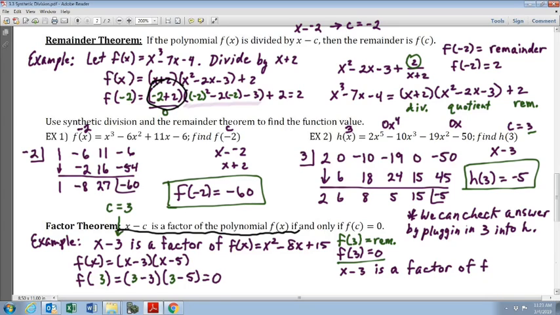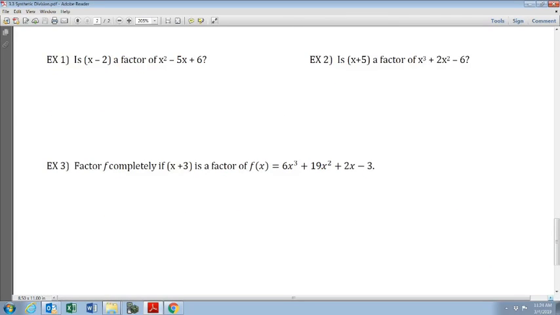So let's go ahead and use the factor theorem now. On number 1 here it says, is x minus 2 a factor of x squared minus 5x plus 6? Well, by the factor theorem we know it is if we do the division and we get a remainder of 0. So let's go ahead and do this. So we put a 2 in our box. We're going to use 1, negative 5, and 6.